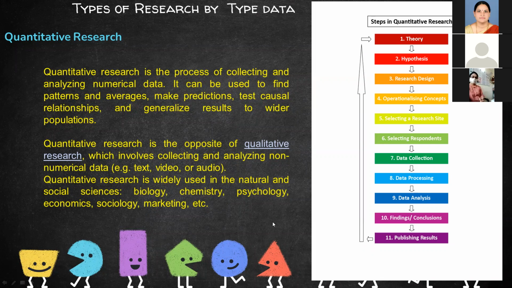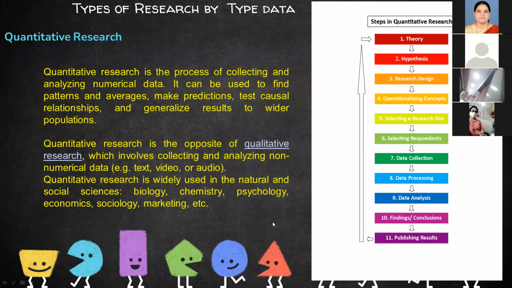And how can we collect it? Based on a questionnaire: we have to prepare the questionnaire, we have to take interviews, and we can also collect the data through observations. So quantitative data is based on how we are collecting the data.